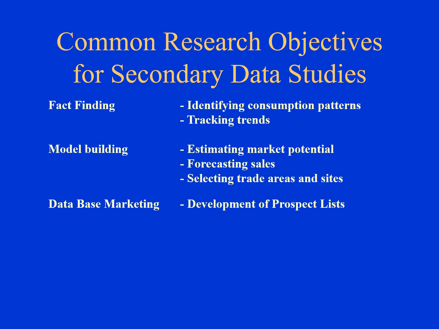When we talk about fact finding, it means identifying consumption patterns, tracking trends, etc., and model building is about estimating market potential, forecasting sales, selecting trade areas and sites, and database marketing is the development of prospect lists, etc. So these are a few examples of the use of secondary data in fact finding, model building, and database marketing.